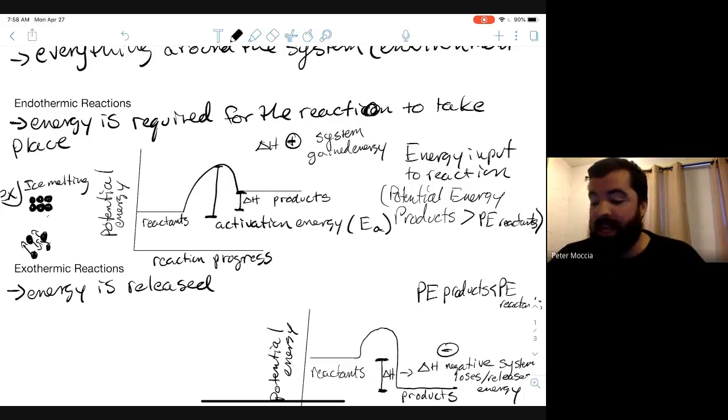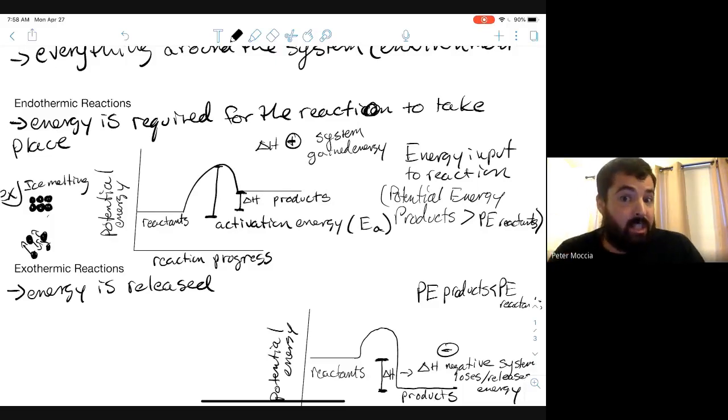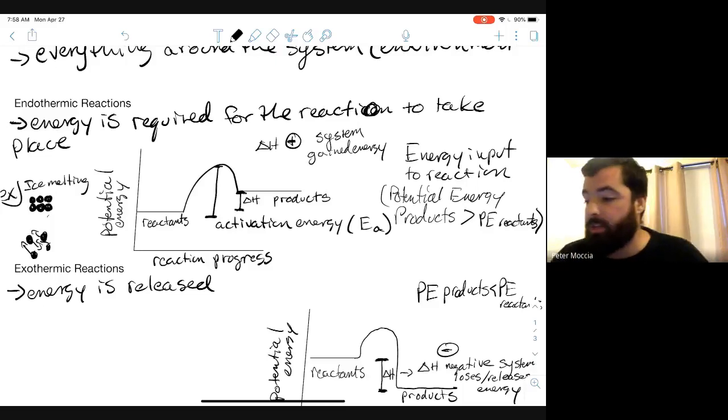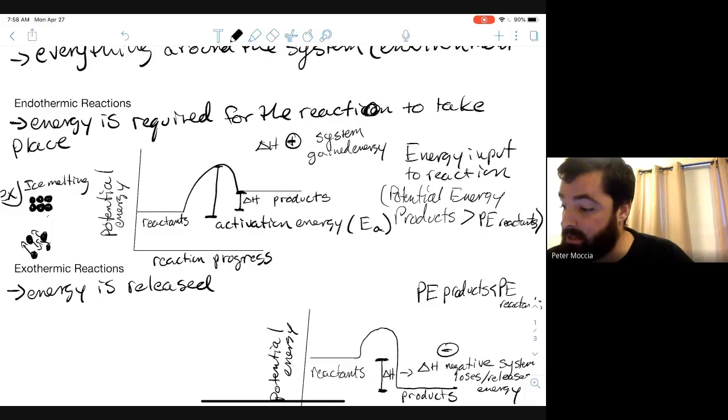Okay, so the potential energy of the bonds in the products is more. So the system itself, that's the chemical reaction that we're studying, increased in energy, okay, because it took energy in from the surroundings.